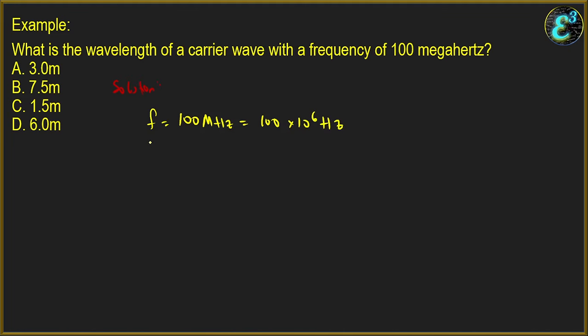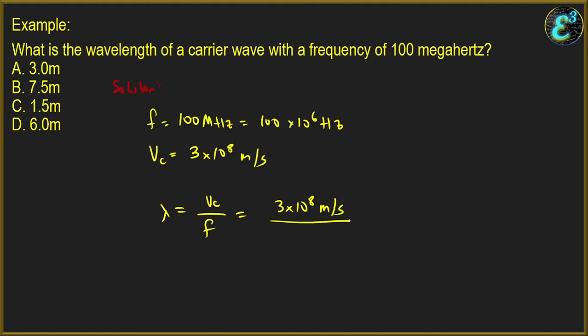Then yung ating Vc, which is constant, is 3 times 10 to the power of 8 meters per second. So that is the velocity of light. So the formula now, our wavelength is equal to Vc over the frequency. So we have 3 times 10 to the power of 8 meters per second over frequency is 100 times 10 to the power of 6 hertz, or 100 megahertz.